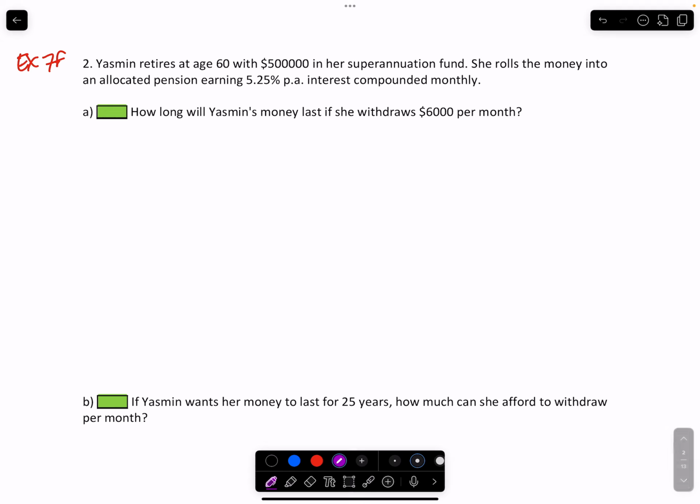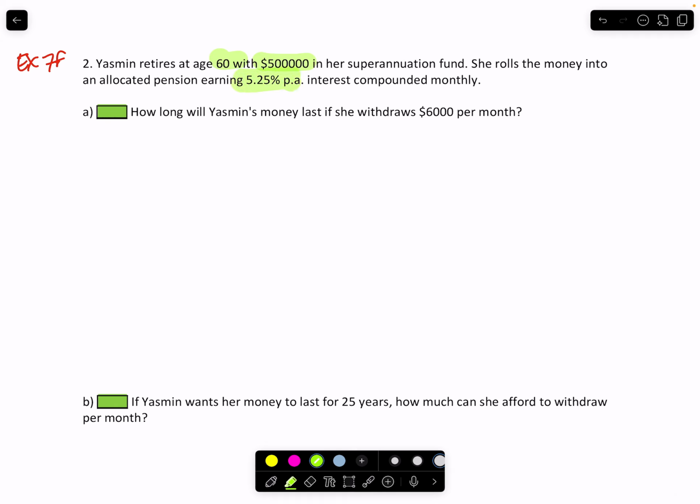Yasmin retires at age 60 with 500,000 in her super account. So another exercise 7F superannuation question. She rolls the money into an allocated pension earning compound interest.